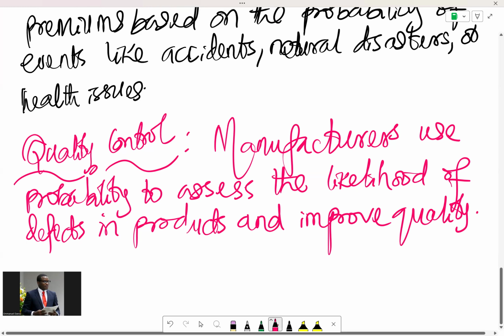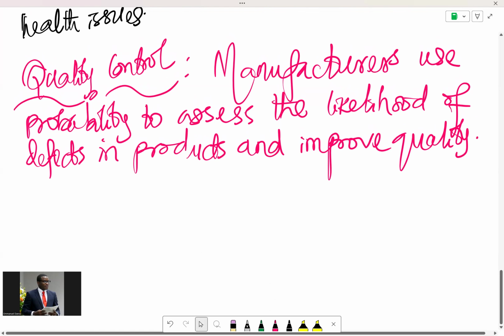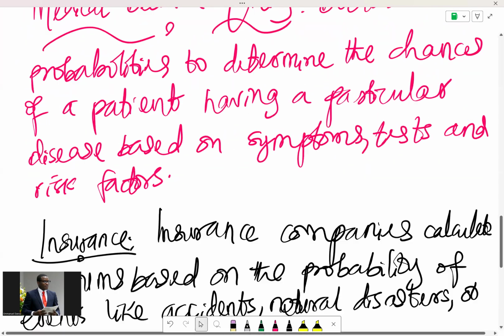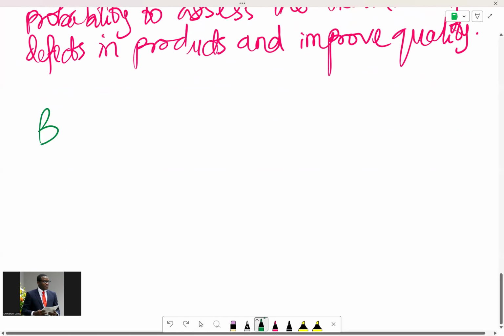These are just some areas where we can apply probability in real life. There are so many other areas. All right, so let's talk about some basic concepts in probability.